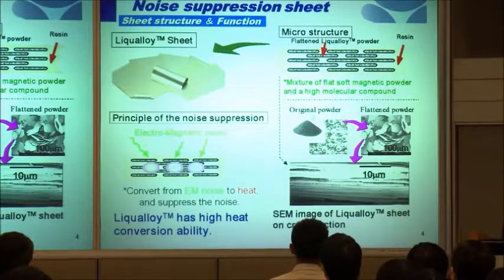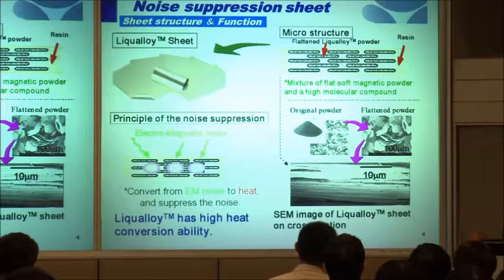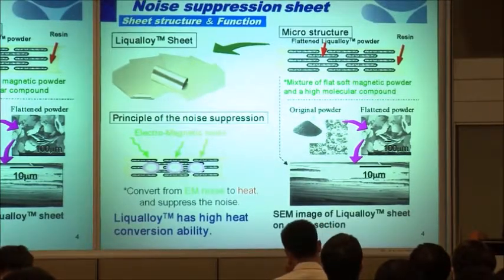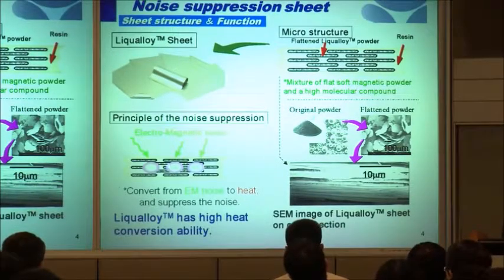And also, ZrACuNi powders can be deformed into flaky shapes. When we mix the flaky powders with resin, we can get the ZrACuNi sheet. This sheet shows a very high conversion ratio from electromagnetic noise to heat.